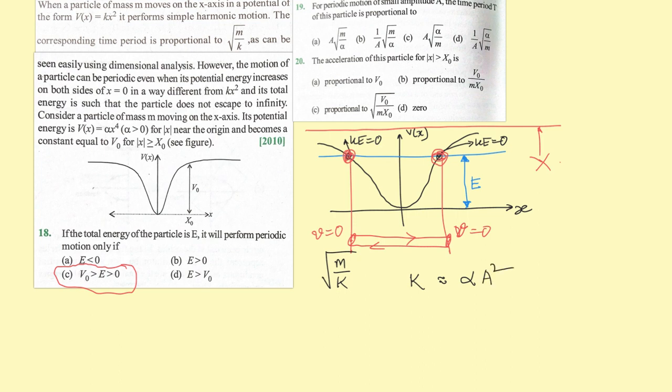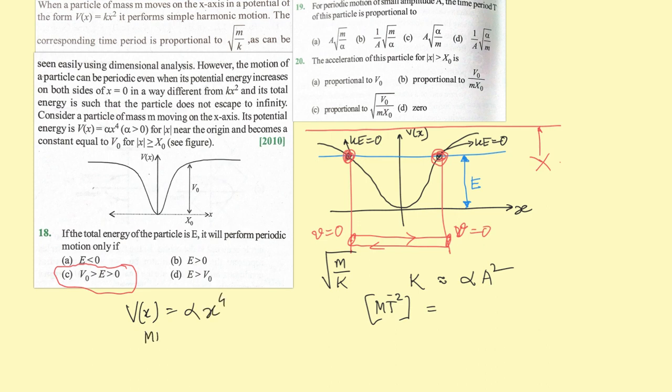See, so force equal to kx, so k is m t to the power minus 2. So what's alpha equal to? You see V(x) is equal to alpha x to the power 4. So what is potential energy?